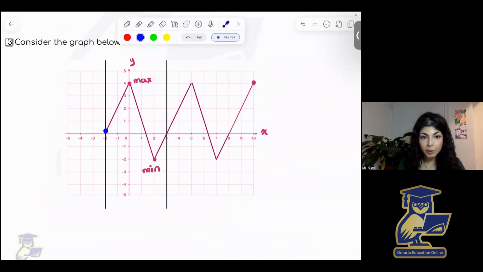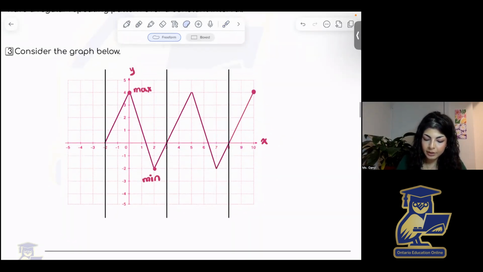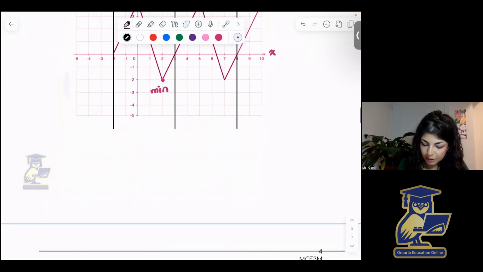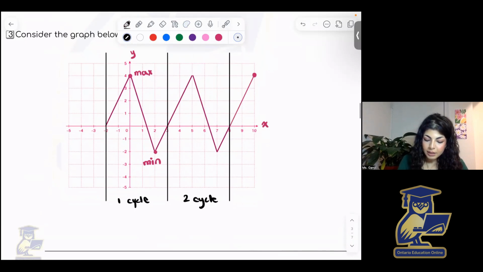Now from here, I do have to work backwards. So actually, let me draw this here as well to show that this is where my second cycle ends. So remember, this is one cycle. This is a second cycle.